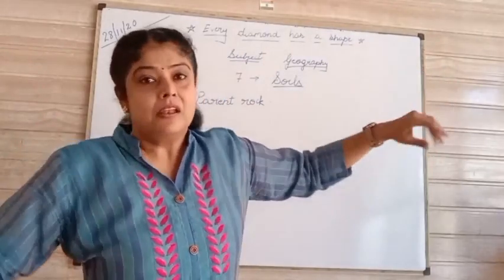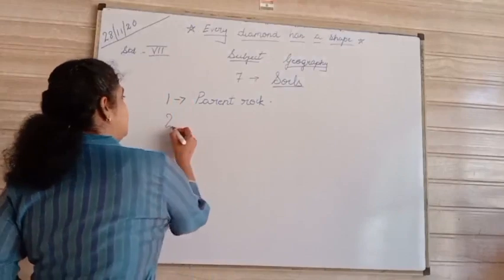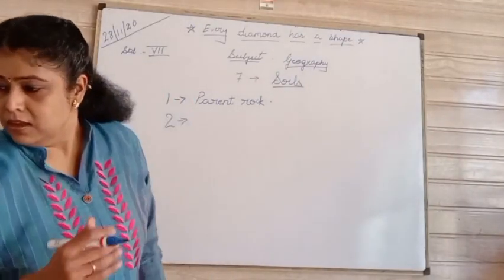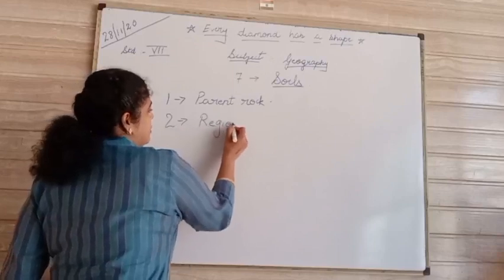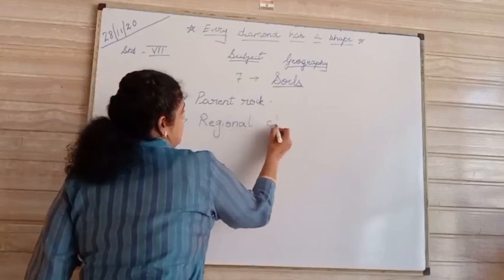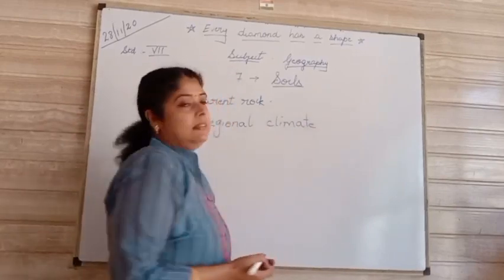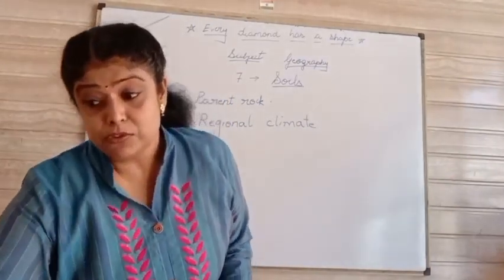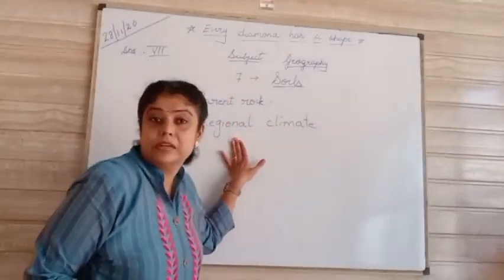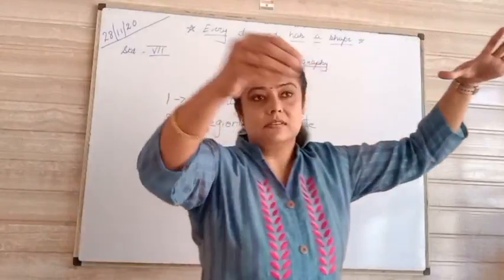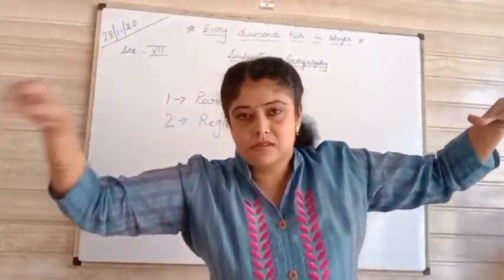Okay. Now, the next factor responsible for the formation of the soil is the regional climate. That means the formation of soil in a particular region depends upon the climate of that region. From the parent rock, different pieces break out. One piece goes this side, one piece that side.